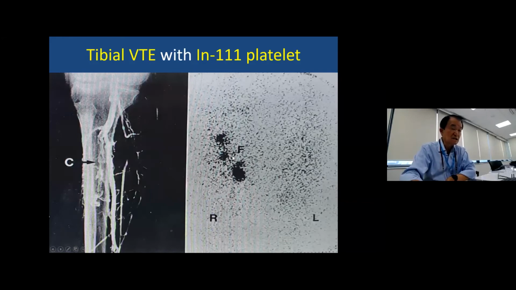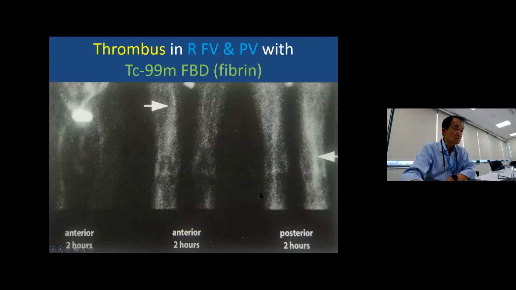But this delayed image shows just the clot formation of the acute thrombosis. Okay, the fibrin also shows, but fibrin is more for the venous system. As I mentioned earlier, this kind of popliteal is a blockage. There's a venous thrombosis.